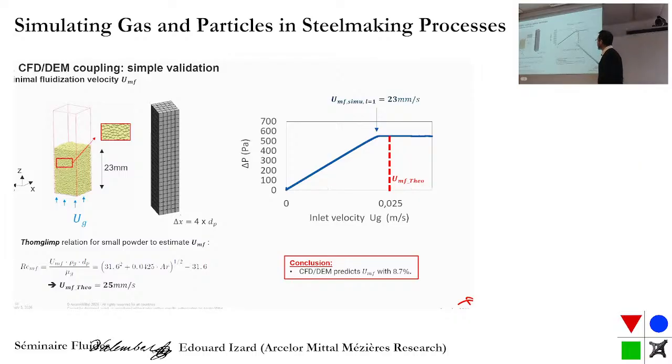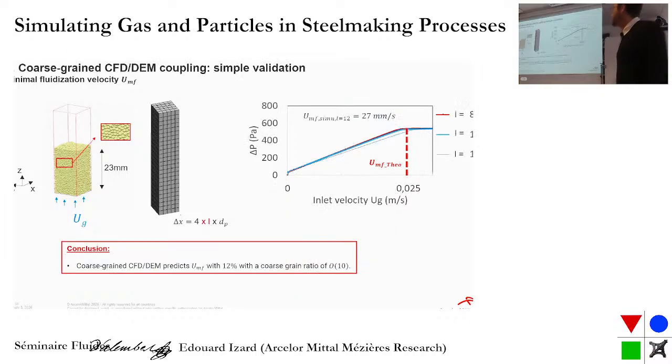At this point you have the minimal fluidization velocity, and there are different relations that exist. We have used the one of Tonglim for fine particles, that predicts 25 millimeters per second. And here you see with this simulation, we have a discrepancy of about 8.7% without any application of the coarse-graining.